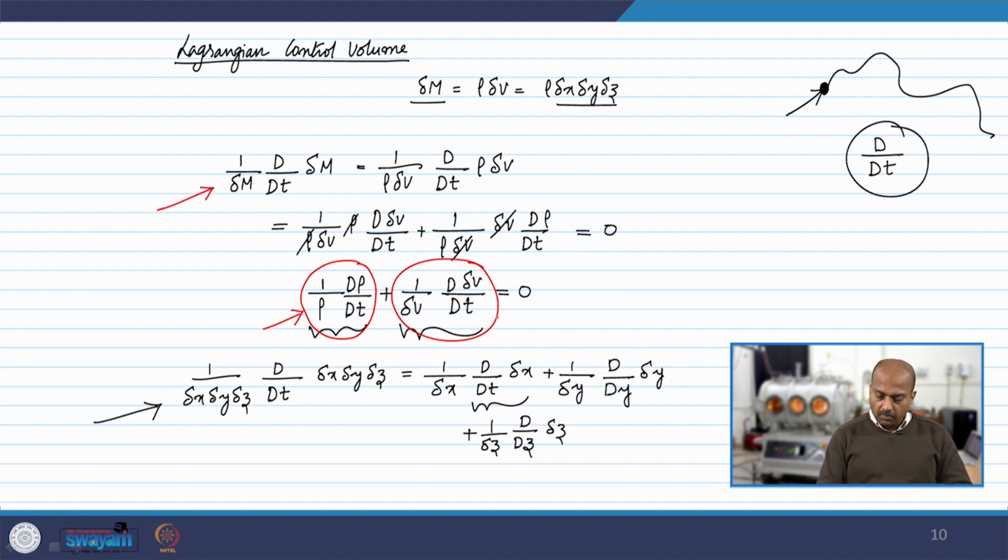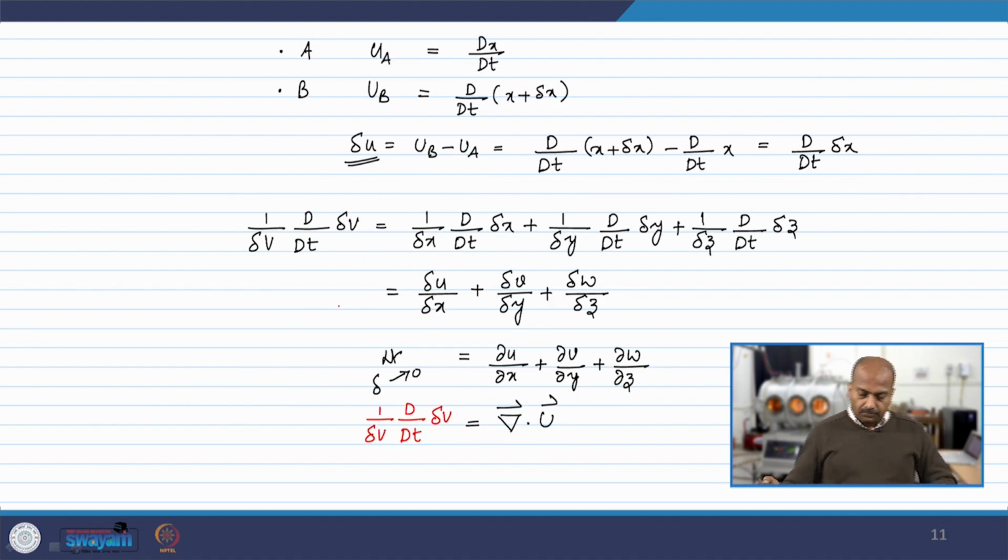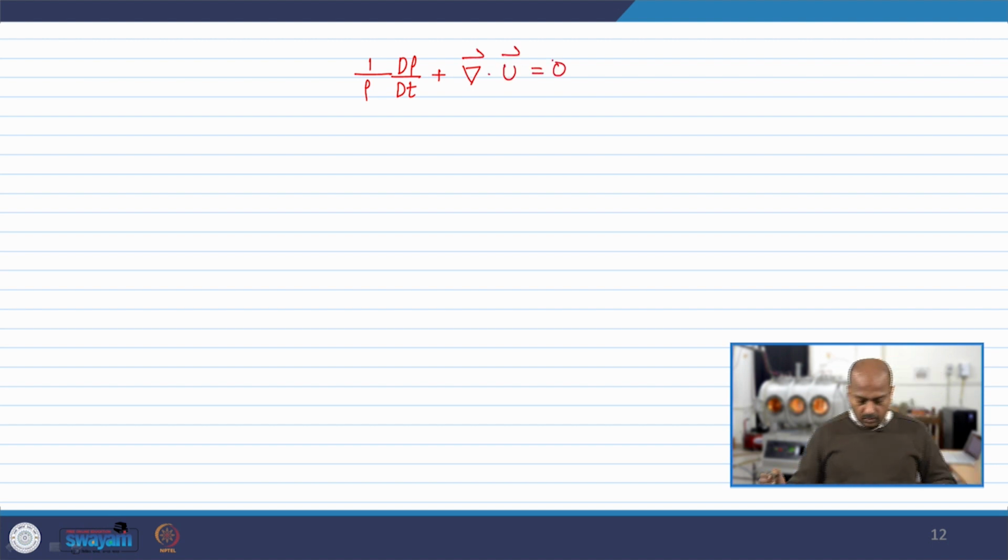Now, we have this term equal to the velocity divergence, and we have to think about this term 1 by rho d rho by dt. Let us write whatever we know so far. 1 by rho d rho by dt plus del dot u is equal to 0, right.